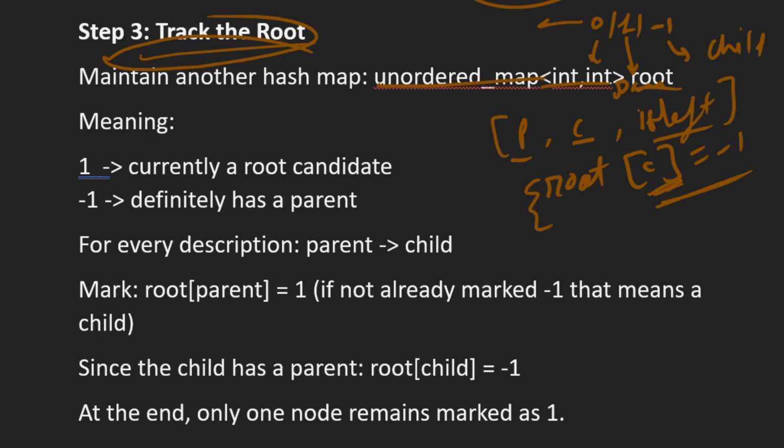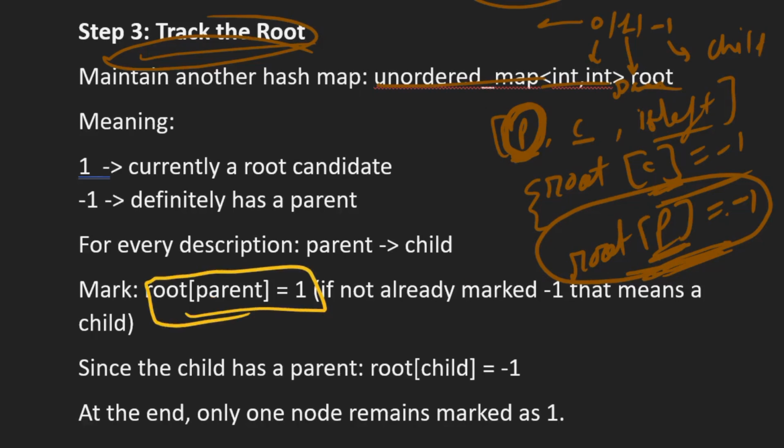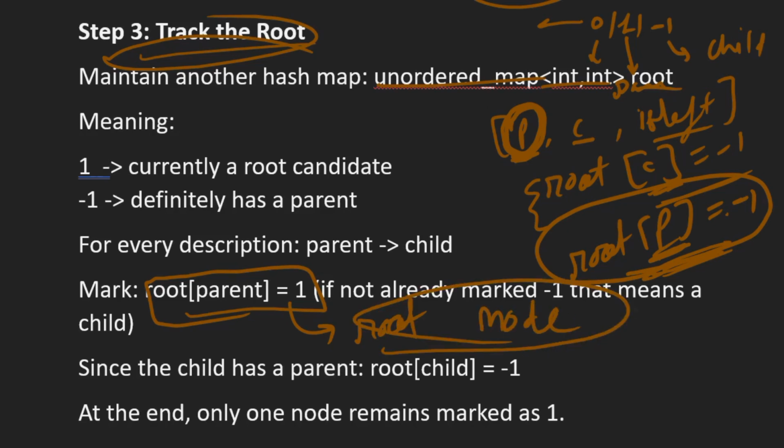That means this node already has a parent. And for root of parent, first we check whether it already has -1. If root of parent is already equal to -1, that means this node already has a parent. But if it is not equal to -1, then we mark root of parent equal to 1. That means it does not have any parent yet, so it can be a root node, because a root node doesn't have any parent.